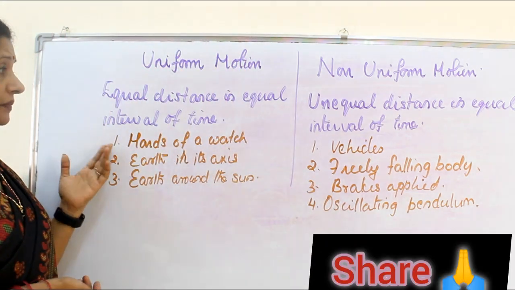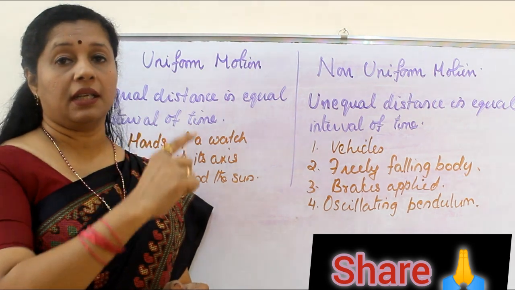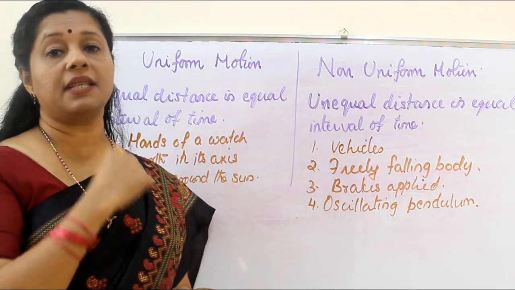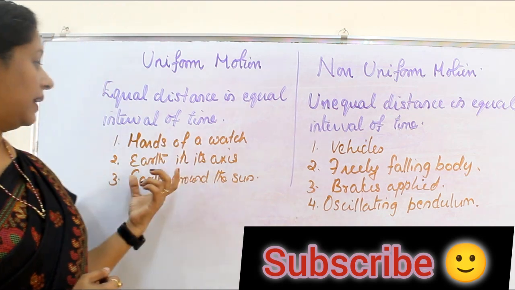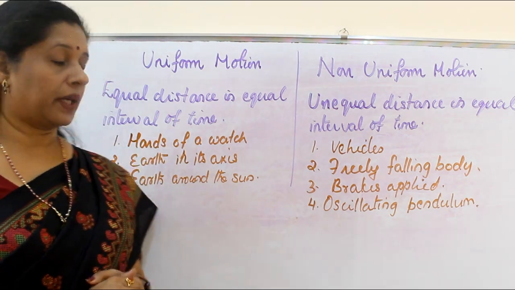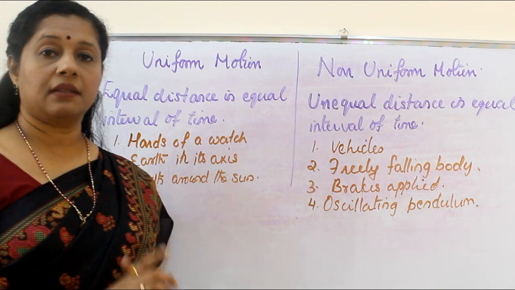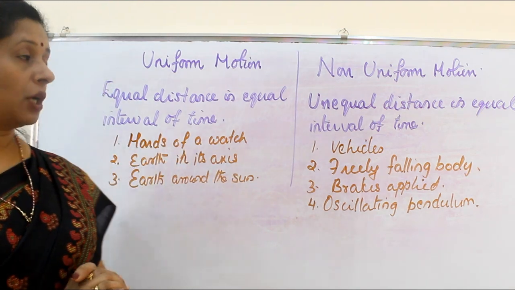Examples of uniform motion are the hands of a watch. You know that it takes the same time every time, 60 seconds, to complete one minute, right? The same way, the earth on its axis takes 24 hours to complete one rotation, or the earth around the sun. So it is moving with a constant motion, that is uniform motion.